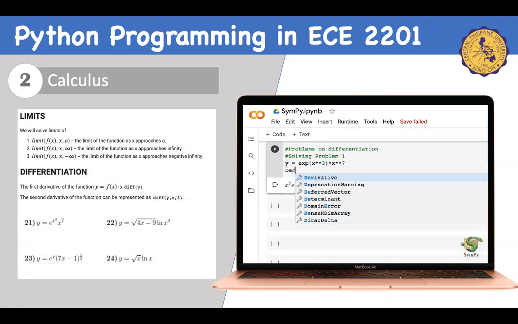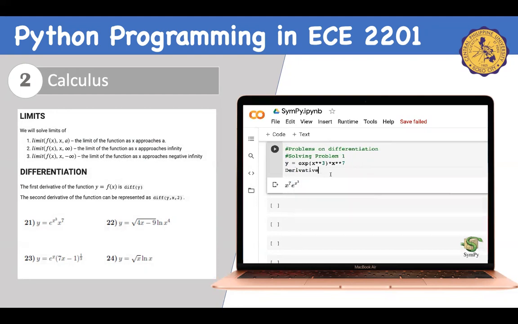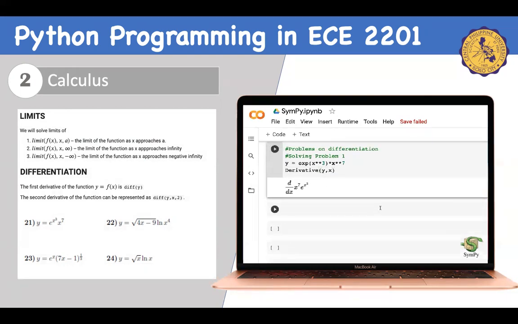Now to display the derivative, this is how you do it. So derivative y. The same is true with the uppercase limit. That's how you display the limit. So in this case, it will give you d over dx, meaning the derivative of x raised to 7 times e raised to x cubed.